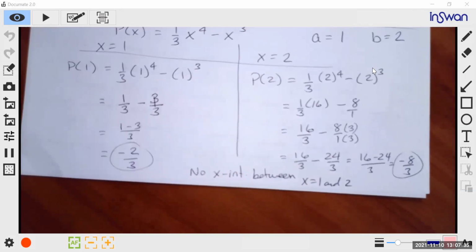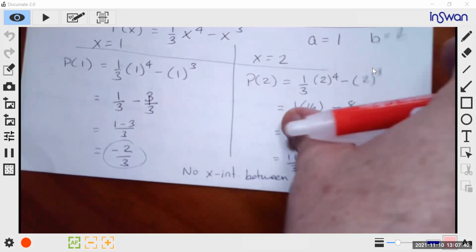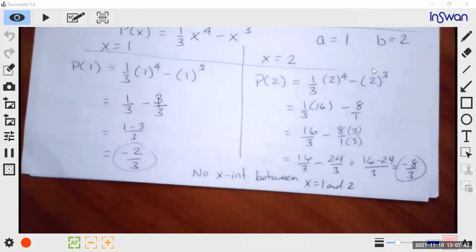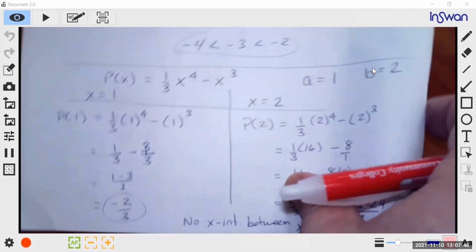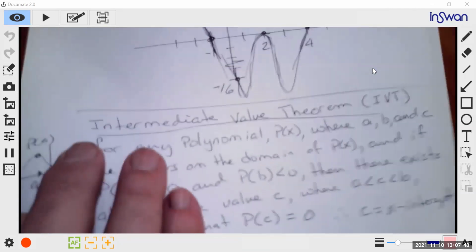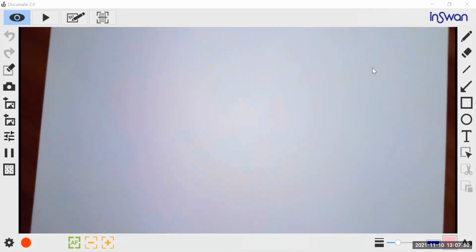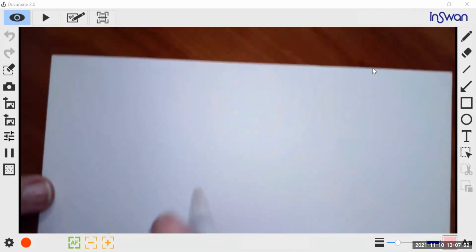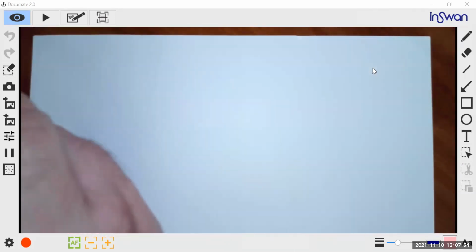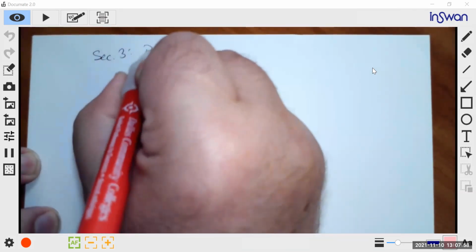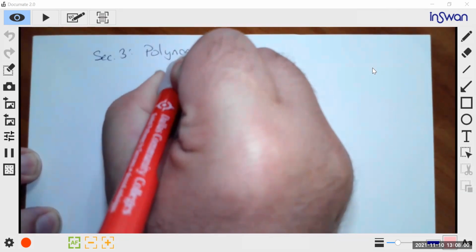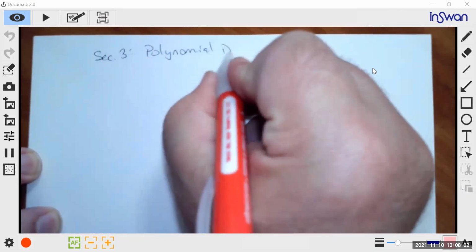So that's all section 2 is all about. We're learning how to manipulate these polynomials because in section 3, we're going to start learning the mechanics of how to get our final answers. Section 3 deals with polynomial division.